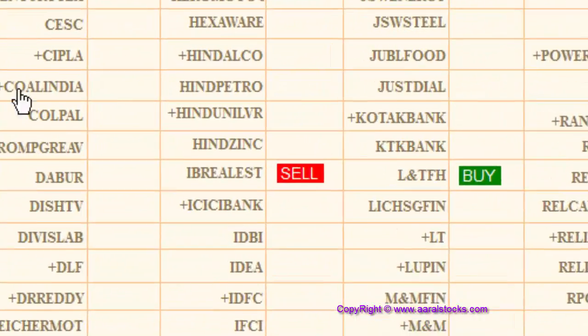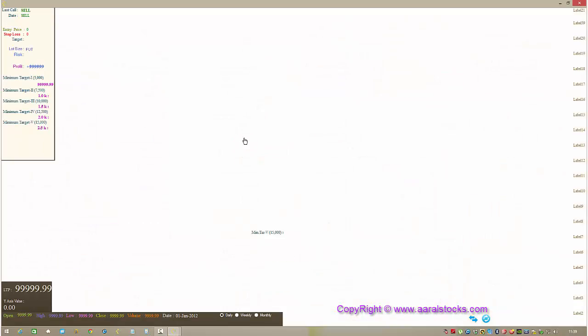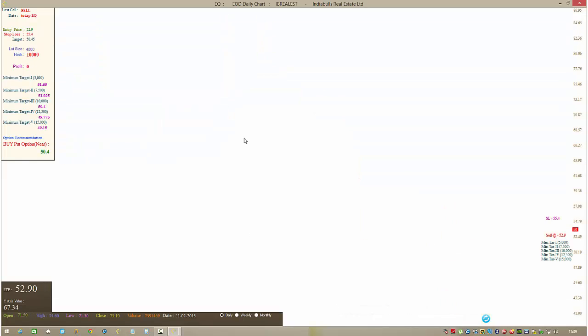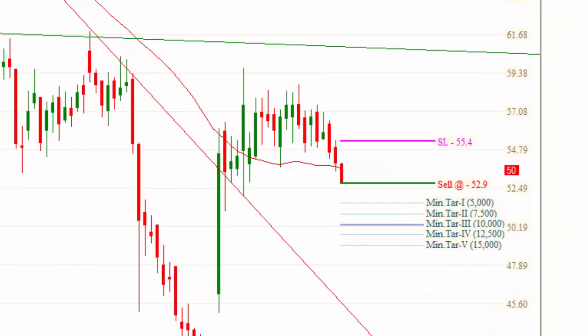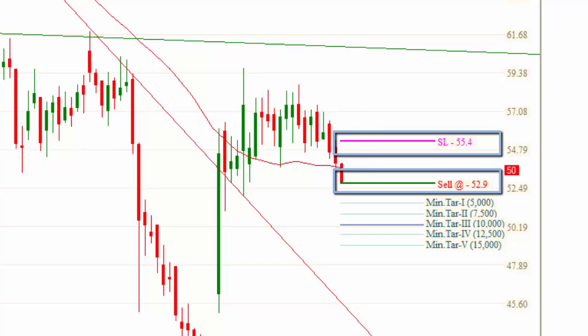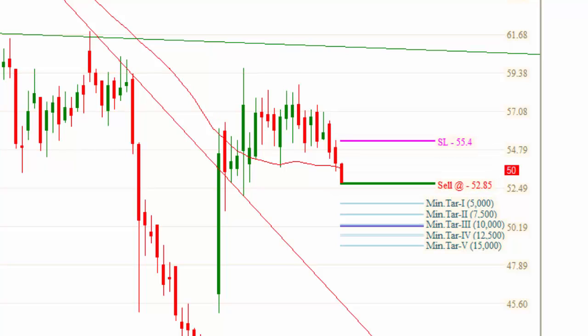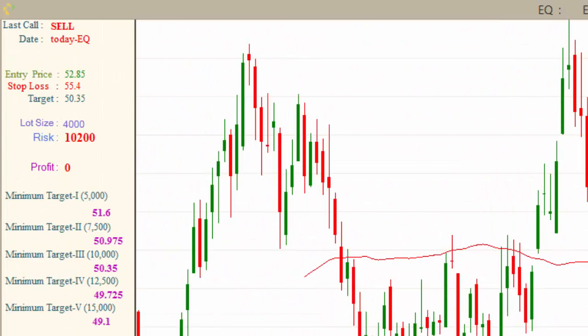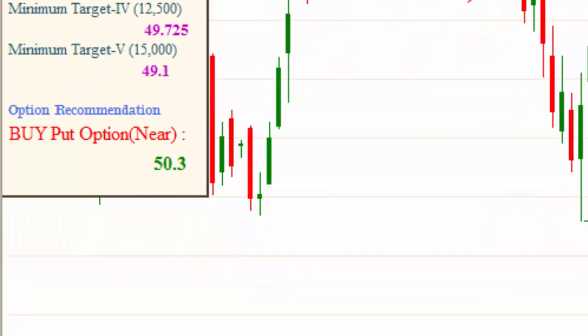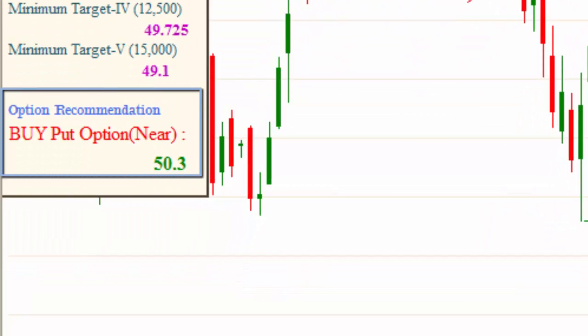The equity chart is the same as the futures positional chart. We have a sell or buy and also the stop loss or target prices and 5 minimum targets. Compared to the futures market, we have one additional option in the equity market, which is the option recommendation.